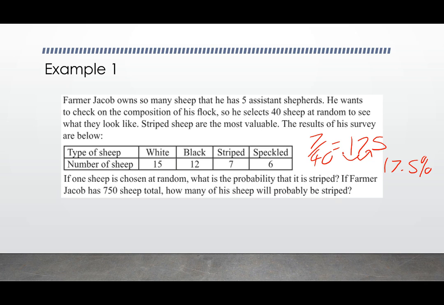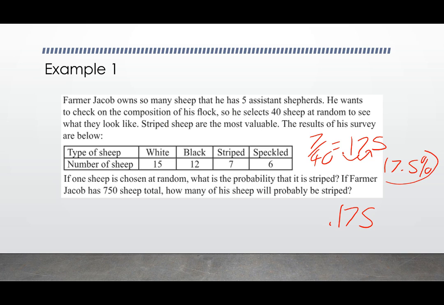But to answer the question, technically, when it says what's the probability that it is striped, the probability is technically just 0.175. Probability is left as a decimal, but if it ever asks to put it into a percentage, you just have to move that decimal place 2 places to the right, or multiply it by 100, same thing. Now, to answer the next question: if Farmer Jacob has 750 sheep in total, how many of his sheep will be striped?